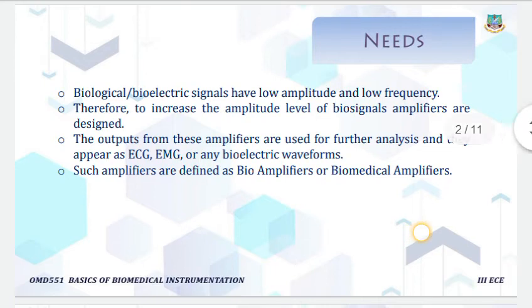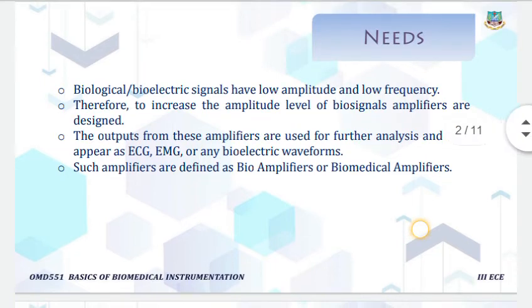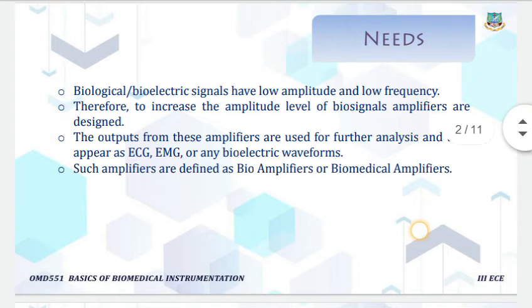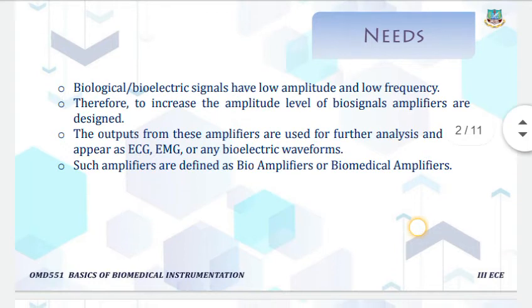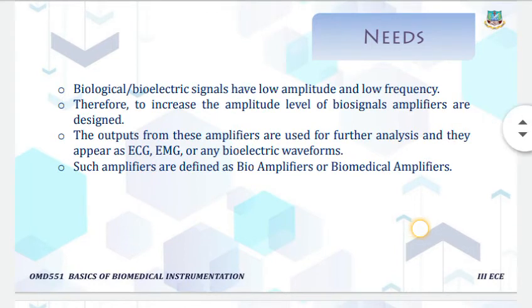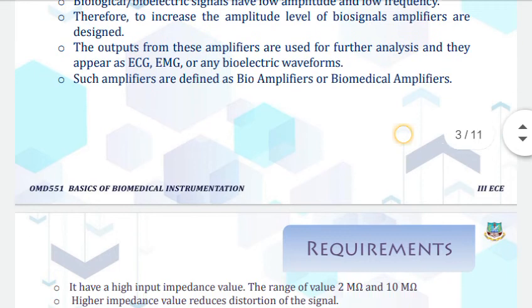So what is the use of bio amplifiers? Just to increase the amplitude level of the biological or bioelectrical signal that is picked from the human body, since those signals have low amplitude as well as low frequency.